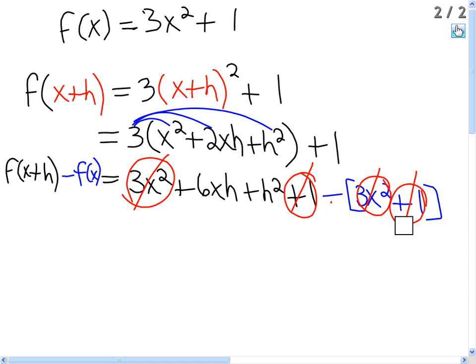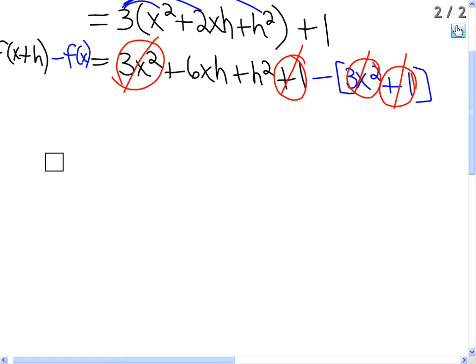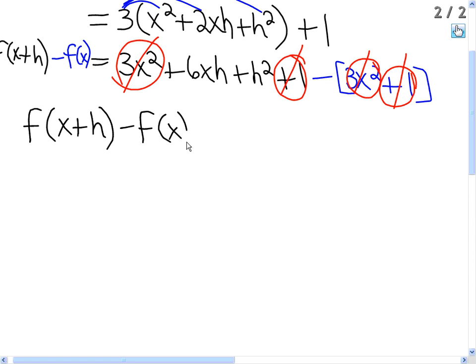So what am I left with? I'm left with the fact that f of x plus h minus f of x, remember that's what we were looking at, is equal to what was left over. We have 6xh and we have this plus h squared.